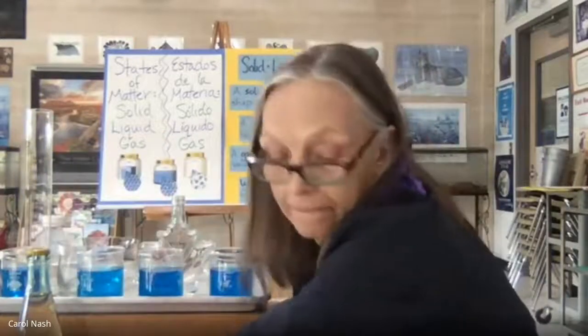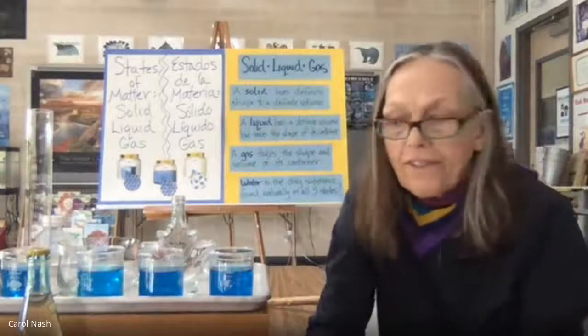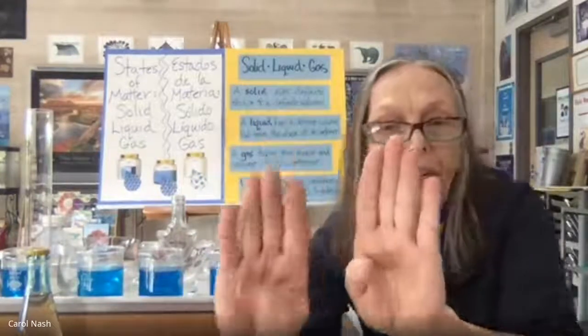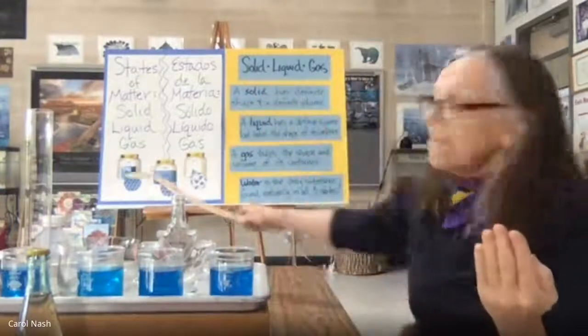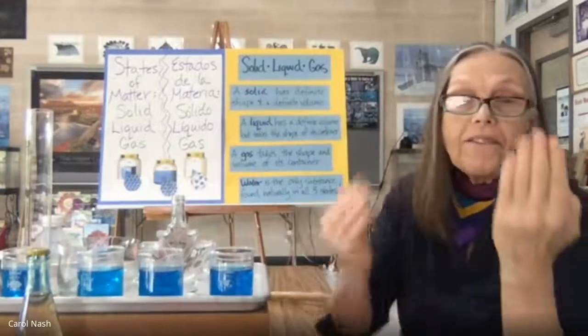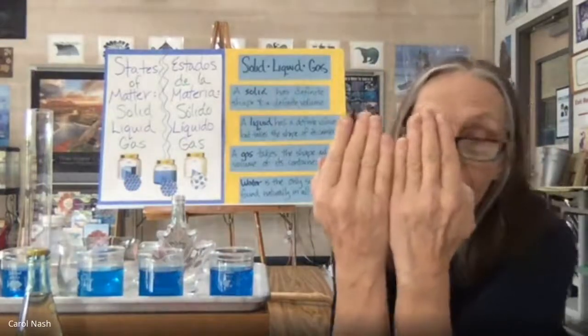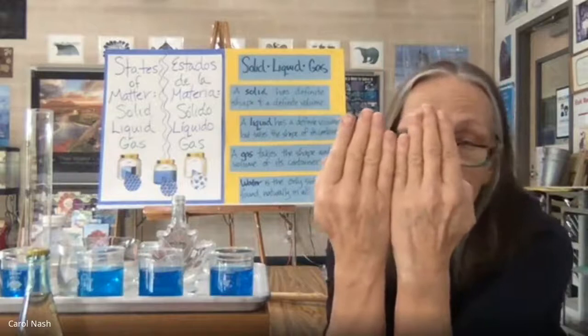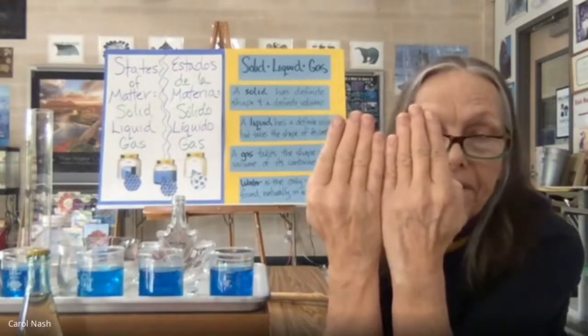Now, why are they so different? Let's put our fingers like this. We're going to compare them at the particle level, like this little picture right here. So put your hands up like this. You can imagine these are solid. The molecules in the solid are all just sitting there, standing there, stiff. They don't move.